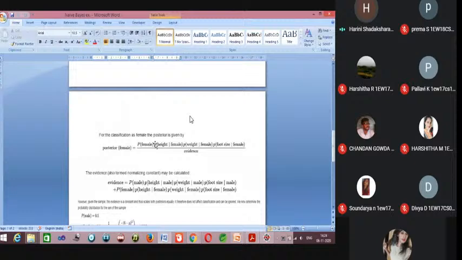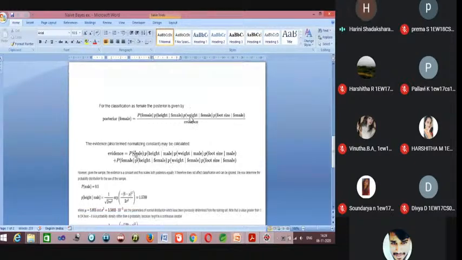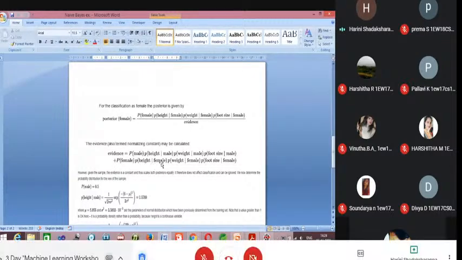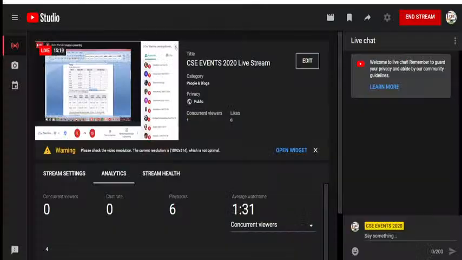Similarly, for female: probability of the sample being female, probability of height belonging to female, weight belonging to female, and foot size belonging to female, divided by the evidence. So what could be the evidence? Evidence is also termed the normalizing constant, and may be calculated by the probability of male times probability of height being male, weight, foot size, plus probability of female times height being female, weight being female, and foot size being female. Right? So this is how you get the evidence.